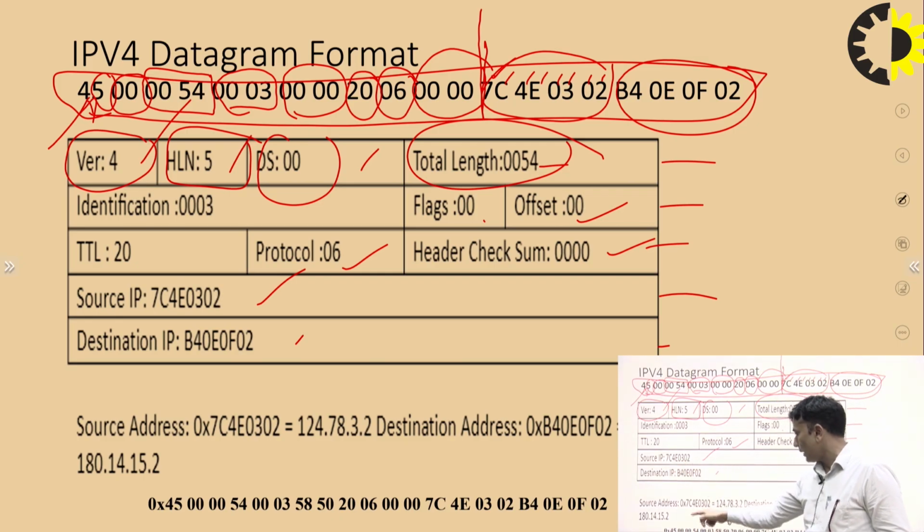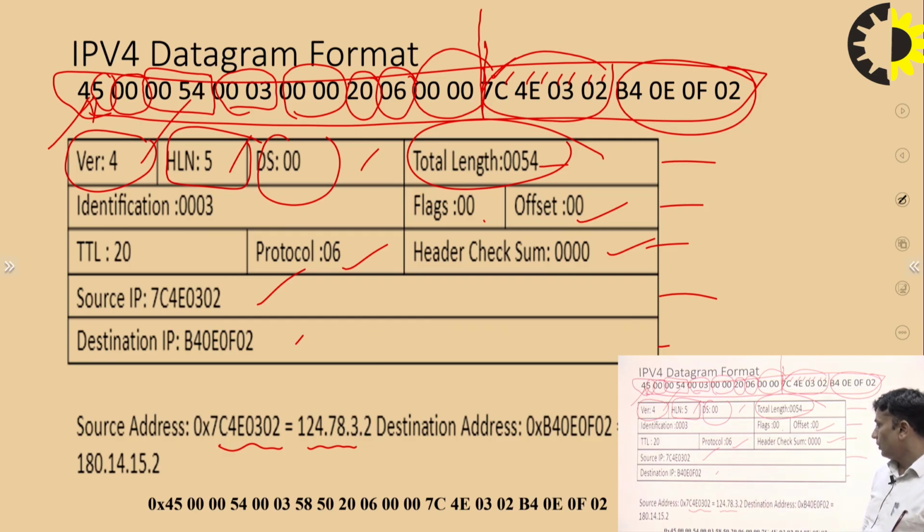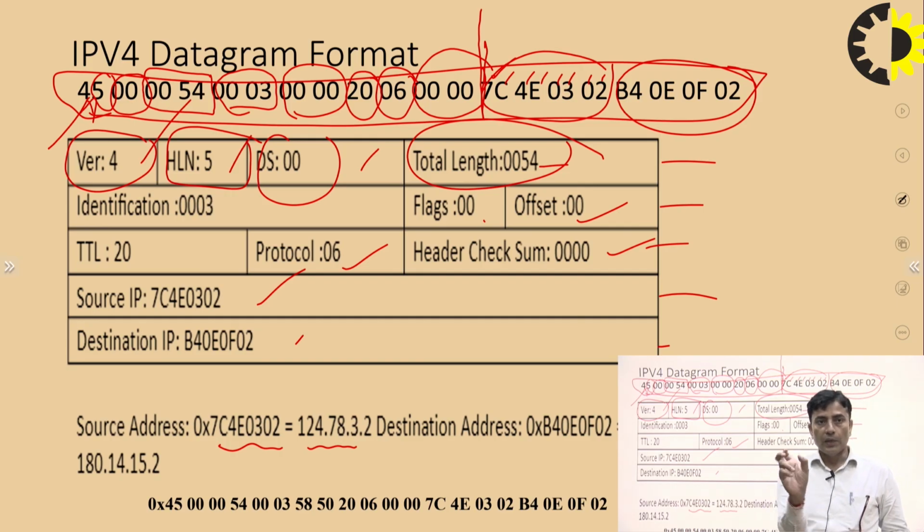So this source IP in hexadecimal, when converted into decimal, gives 124. In dotted decimal notation, we know that we represent octets separated by dots. Octet means 8-bit, and 8-bit means 2 symbols.